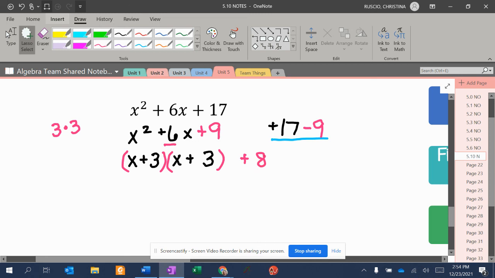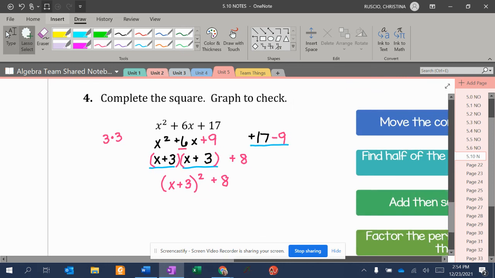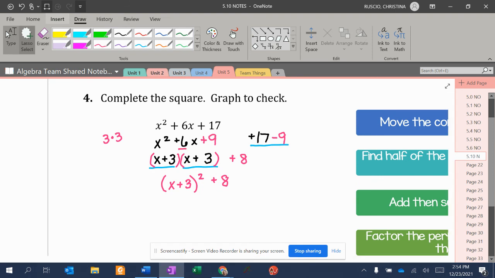So I'm just going to write that as plus 8. And the last and final piece is that we can take x plus 3 times x plus 3 and write it as x plus 3 all squared, plus 8. This portion here, question number 4, might be a nice part to watch and rewind if you didn't follow. But we're going to do so much more practice with completing the square in class.